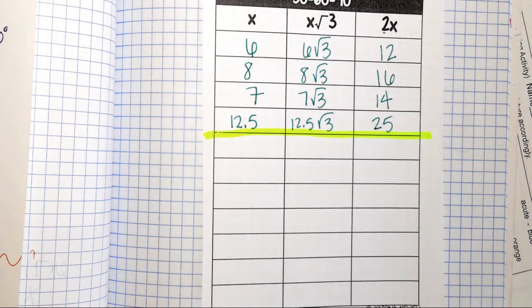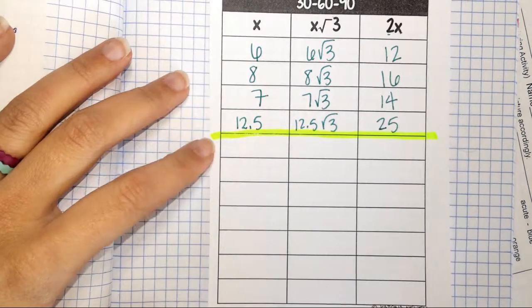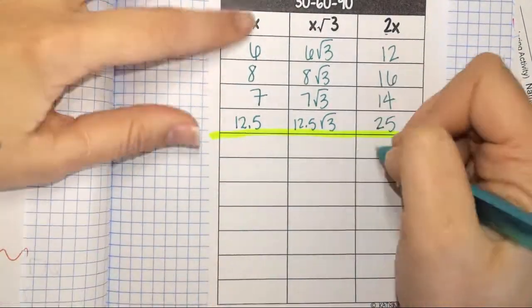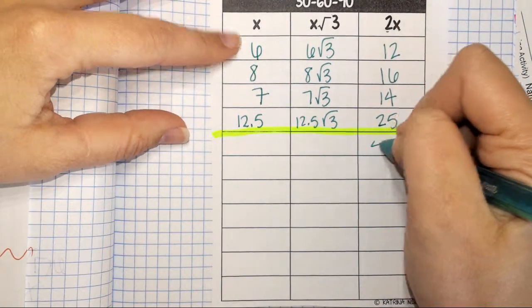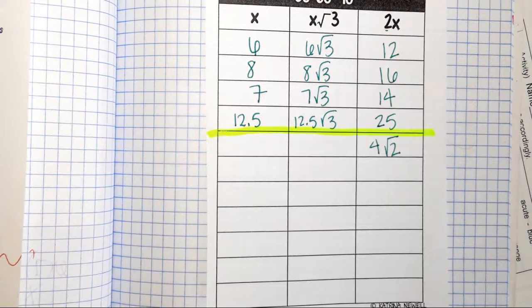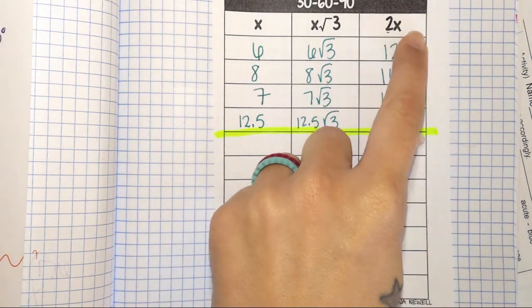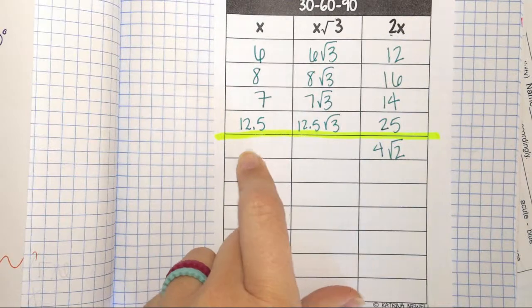This time, I'm going to give you the hypotenuse. So if I tell you that my hypotenuse is 4 root 2, how would you get your small side? If your hypotenuse is 2 times x, how would you get x?